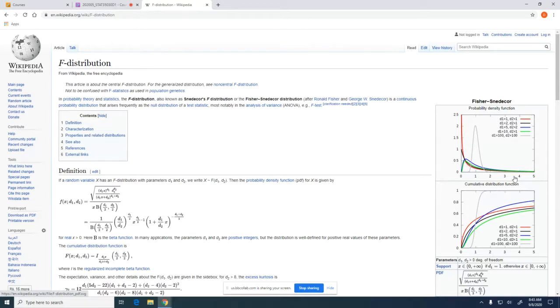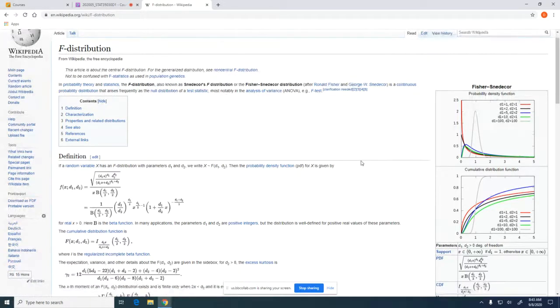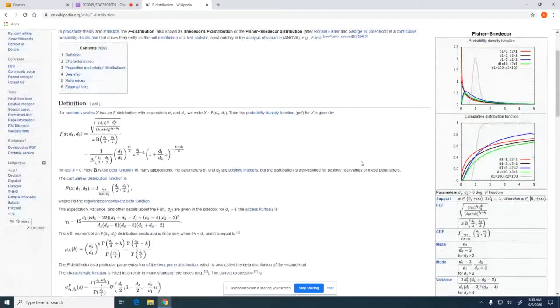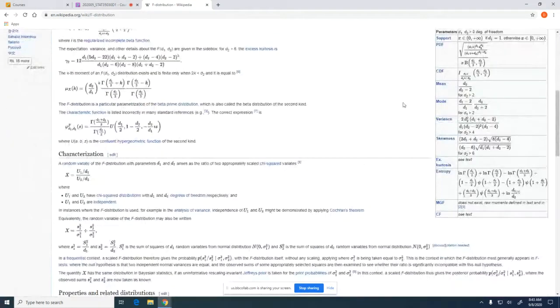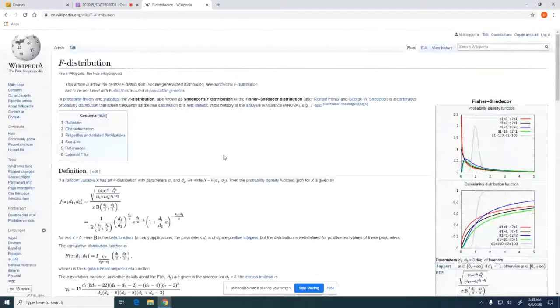Think about that. What was the definition of the F distribution? Basically, the F distribution is the fraction of the variances. I told you the F is basically the fraction of the two variances.